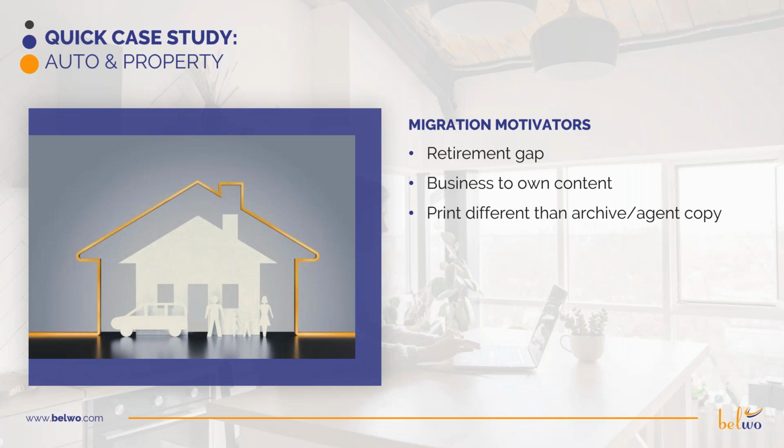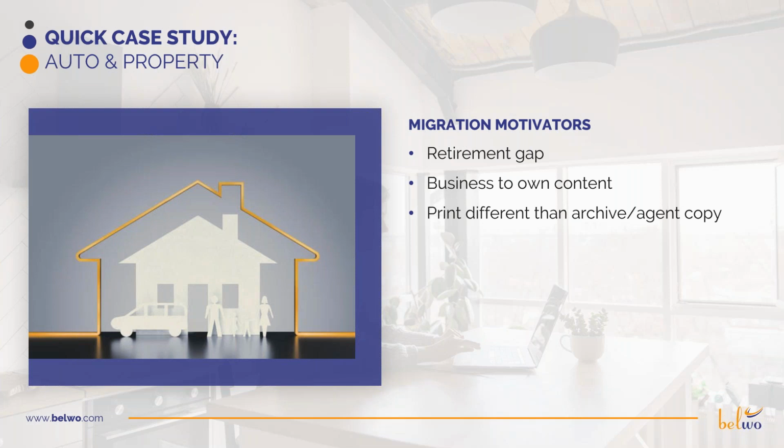And the third reason was that this insurer on their legacy system had what I'll call 3 different sources of truth in terms of the print files or the files for the actual documents that went to customers. First, there was the actual file output that a customer received in the form of a document, but then they had actually separate output for their archive and separate output for a copy that went to the insurance agent.